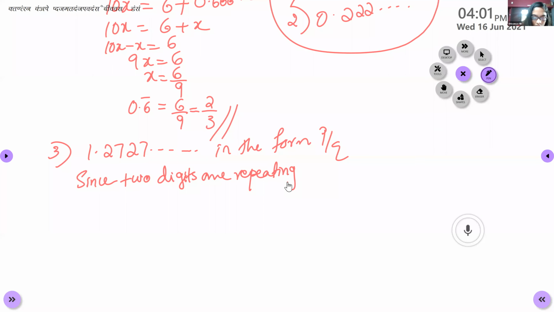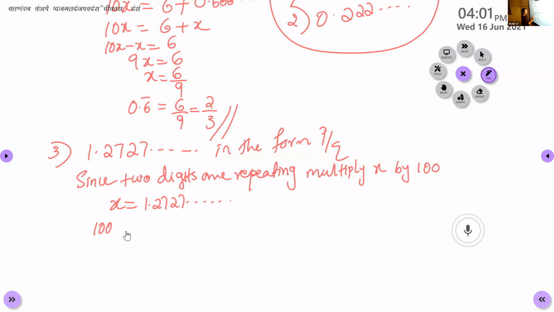Since two digits are repeating, multiply x by 100. So let us take x equal to 1.2727 etc. Since two digits are repeating, we will multiply it by 100.